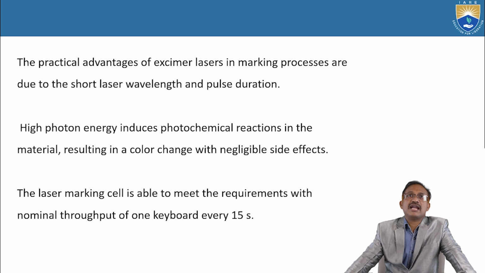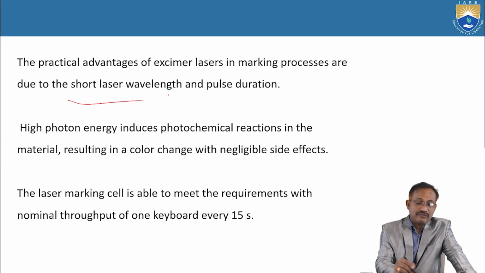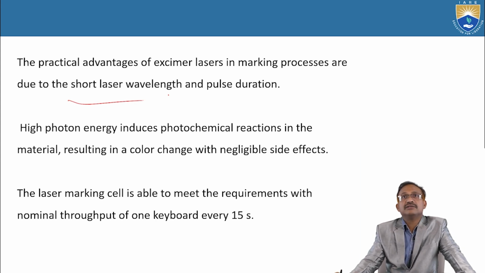The practical advantages of excimer lasers in marking processes are due to the short laser wavelength and pulse duration. So here wavelength is shorter and pulse duration is also less.